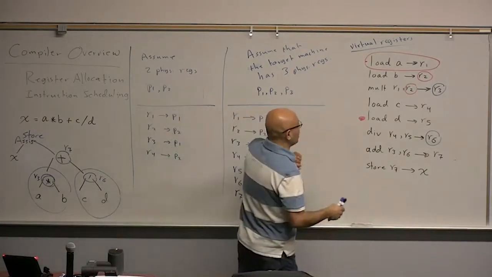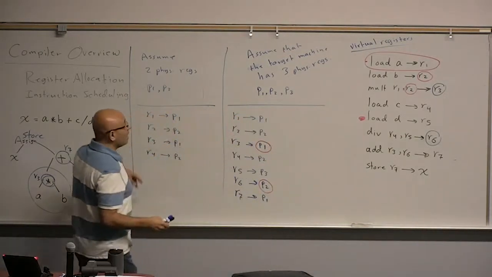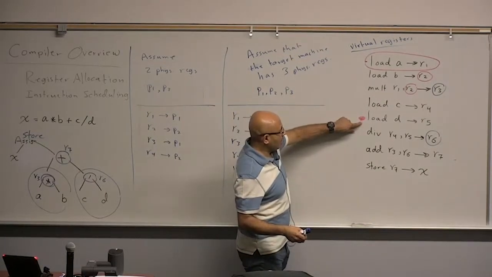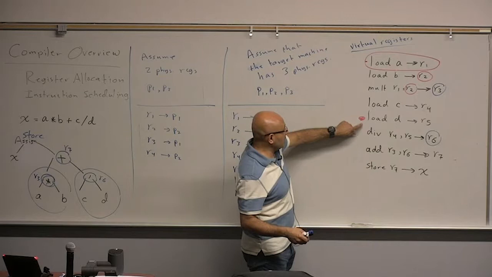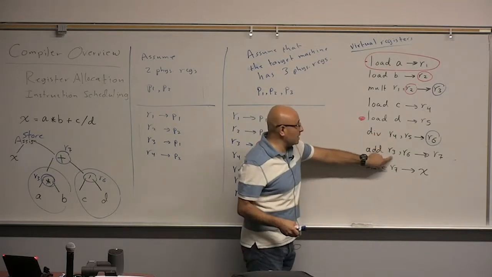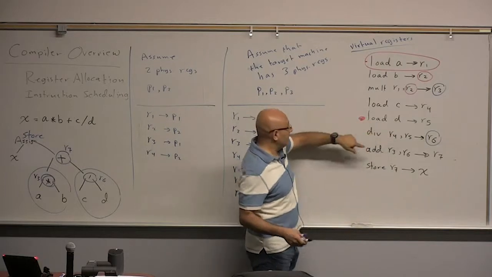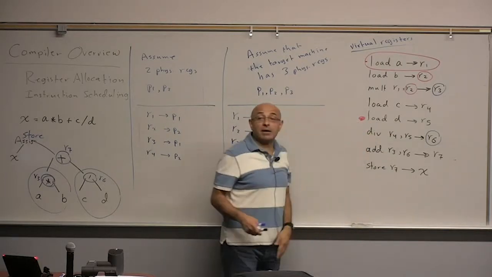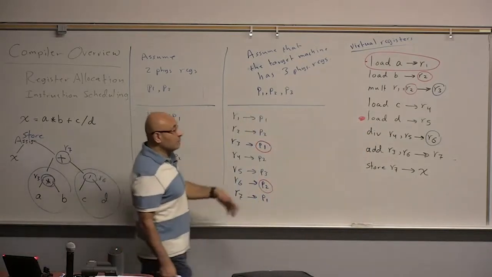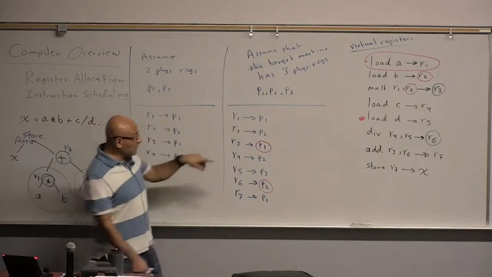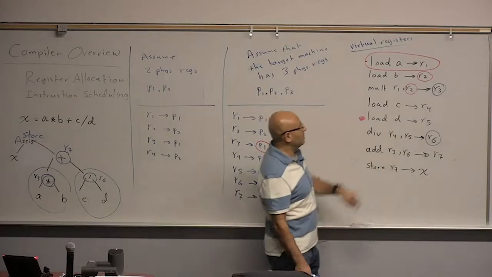Now R3 and R4, the ones that have the registers, are they live or dead? They're live because we are using R4 here and we are using R3 here. Live means that they will get used later. So both R4 and R3 are live, so we can't reuse P1 or P2. But we need a register for this.